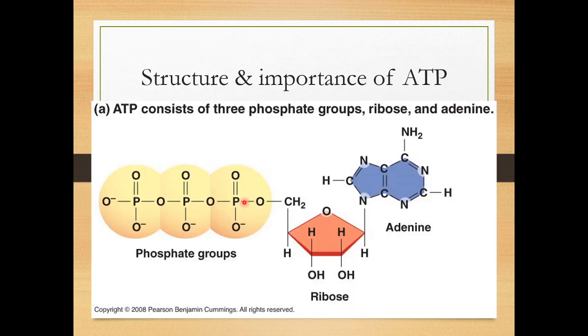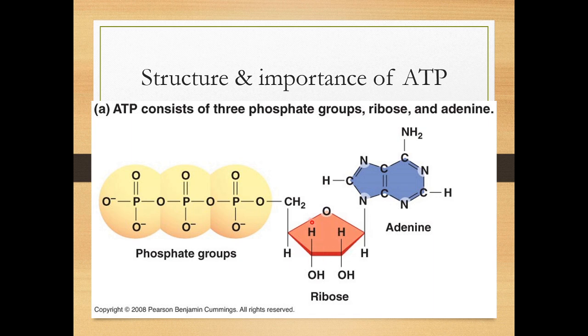Let's look at the importance and structure of ATP. ATP is a nucleotide, adenosine triphosphate. ATP consists of three phosphate groups, ribose and adenine. So this is a ribose sugar, not deoxyribose sugar.